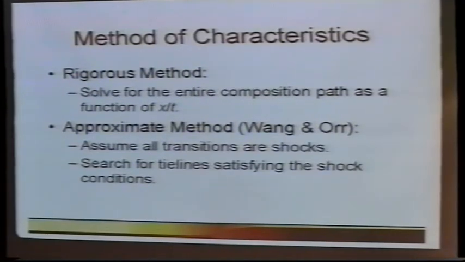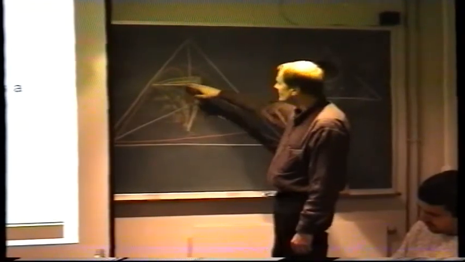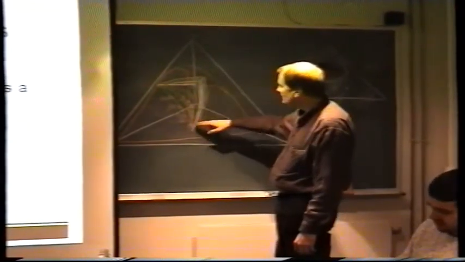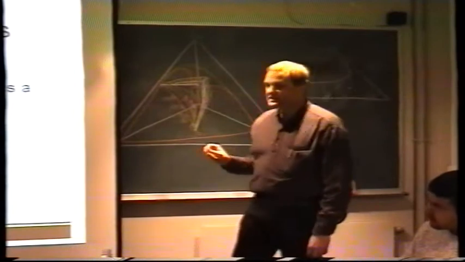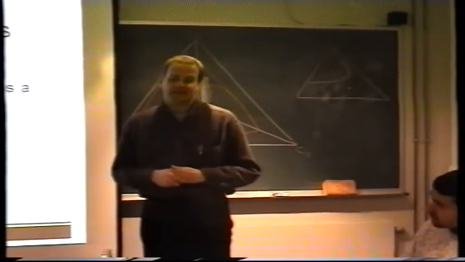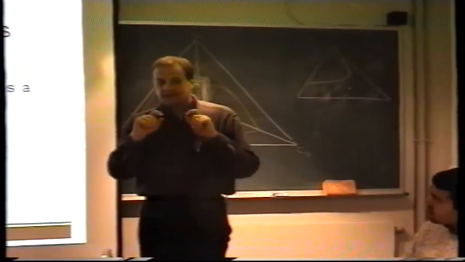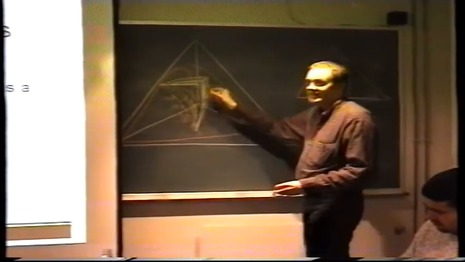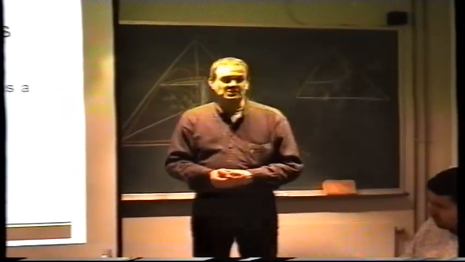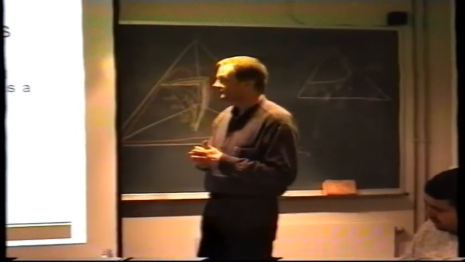There are two categories of this. There's the rigorous method, where you actually solve a system of partial differential equations all the way along this path, to find that path exactly to the degree of the uncertainty that you have to discretize that path, because you solve a partial differential equation numerically, you're always going to have some numerical uncertainties.